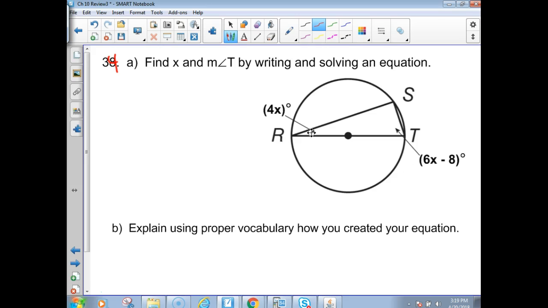First thing you need to know is that angle S is what? Okay, angle S is an inscribed angle that intercepts a semicircle.